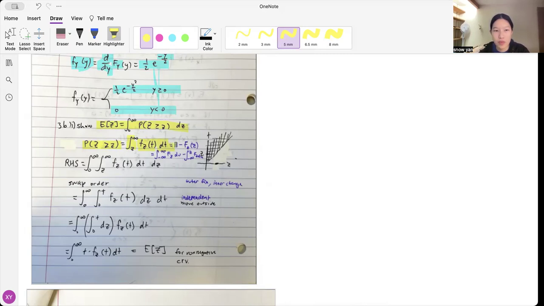So then we can rewrite this as 1 minus F_Z(z), because if we're taking the right hand side, then the left hand side is the CDF that we care about. So we can rewrite this as the whole thing subtracted from the left hand side giving the right hand side, the bigger side that we want. So that's basically what we did.